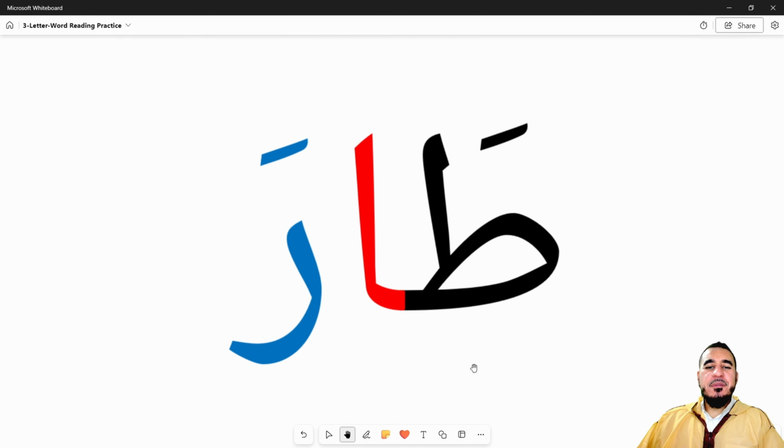Okay, what about this word? It starts with the letter ta, and it has a fatha above it, and then attached to it is an alif from the letters of mad, meaning it will be used to lengthen the sound of the fatha on the letter ta.